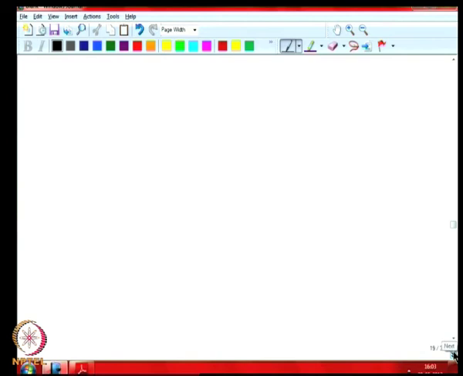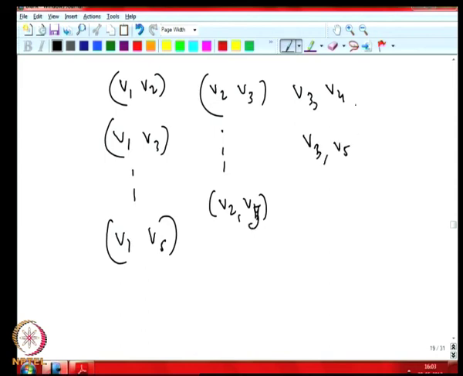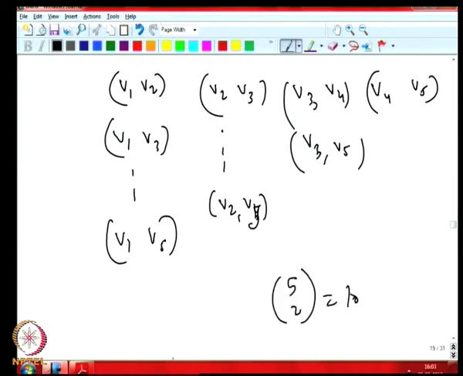So the possible edges are V1V2, V1V3, V1V4, V1V5, then V2V3, V2V4, V2V5, and then V3V4, V3V5, and finally V4V5. In total this is 5 choose 2, which is equal to 10: 4 plus 3 here, 2 here, and then 1 in the end. So 10 possible edges are there.